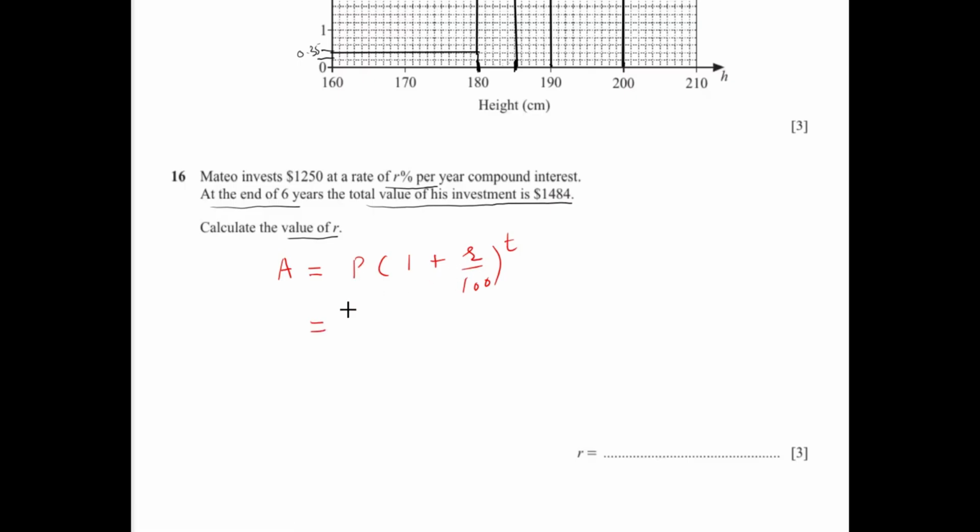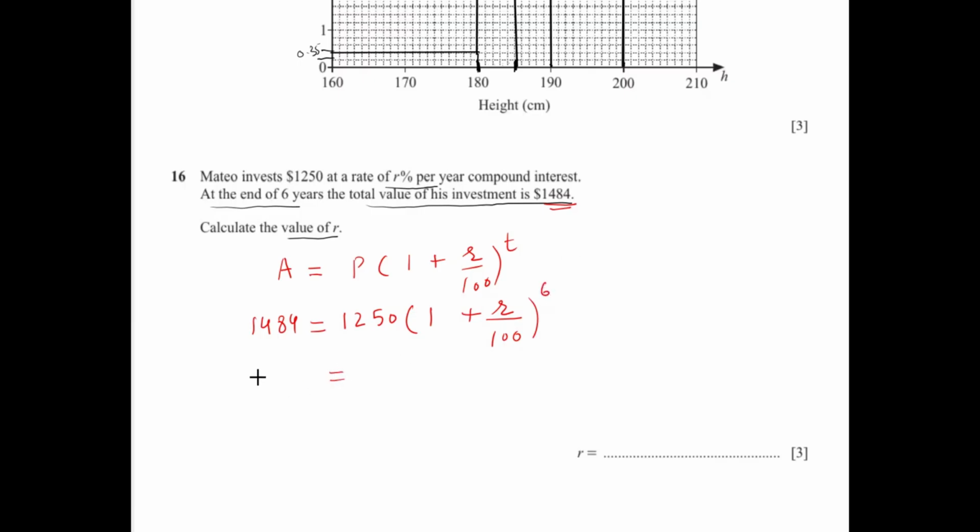R is the rate. We write here P is 1250 and A is the amount, the value after 6 years, 1484. Therefore, this amount is 1484 and the rate we have to calculate. We write R as it is, over 100, whole power T. T is the time. Look here, the time is 6 years.